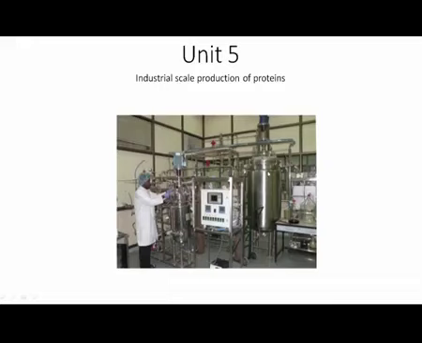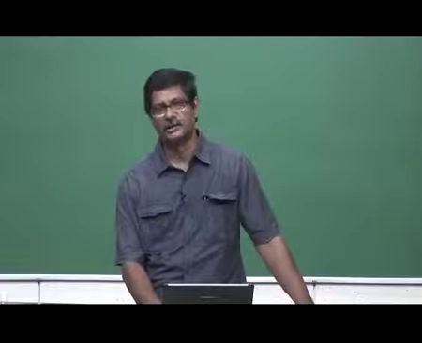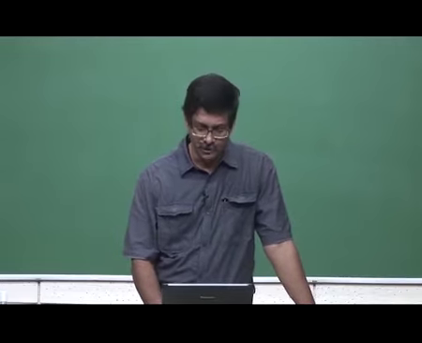Rather, I would say one step before that: the bacteria or yeast or animal cells from which these proteins are supposed to be produced are being grown in these large containers in an industrial setup. If we proceed further, we will understand what points to consider for any kind of industrial scale preparation of proteins.